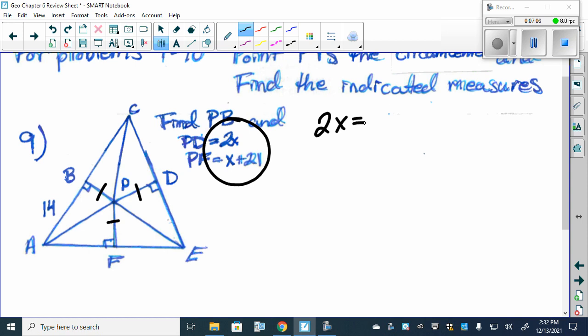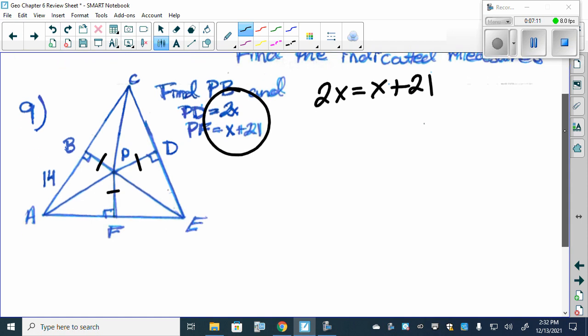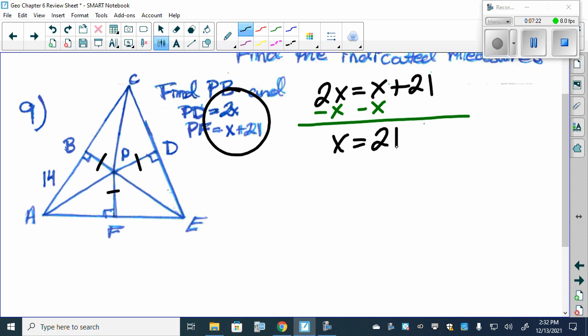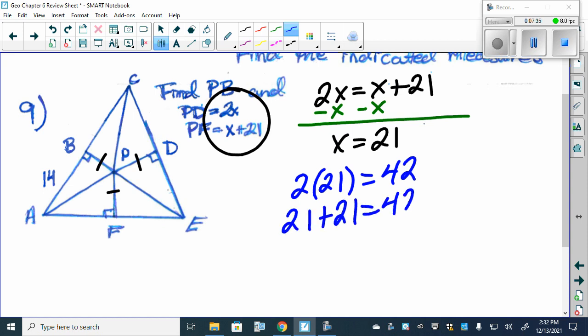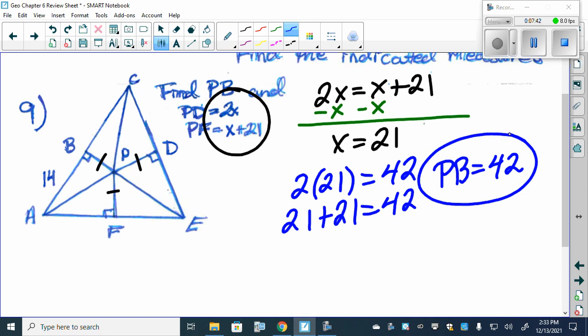So our 2x is going to equal x plus 21. So x is equal to 21, and then we need to plug it back in. 2 times 21 is 42. Or we could say that 21 plus 21 is 42. So the length of PB is 42.